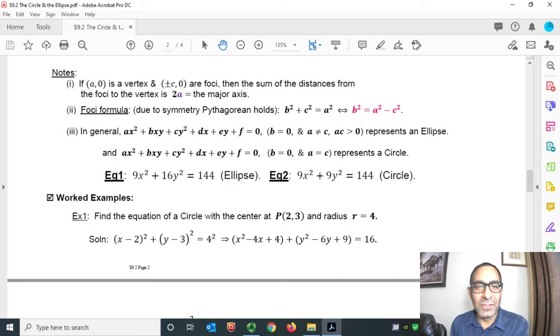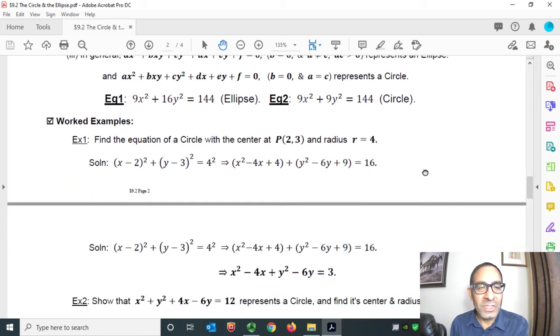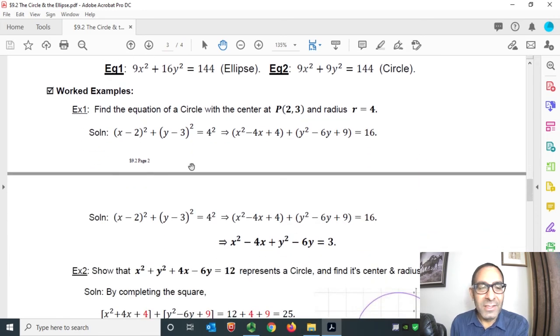So now let's do some examples. Example 1: Find the equation of a circle with center at point P with coordinates (2, 3) and radius r equals 4. Let's begin the solution. Just apply the formula.